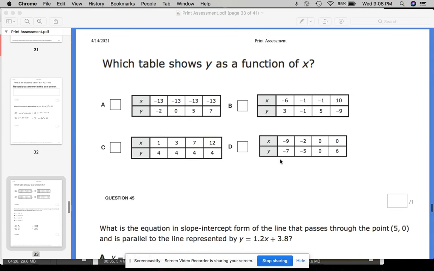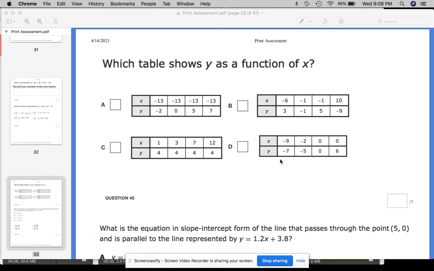Question 44. Which table shows y as a function of x? A, x: -13, -13, -13, -13. Y: -2, 0, 5, -7. B, x: -6, -1, -1, 10. Y: 3, -1, 5, -9.